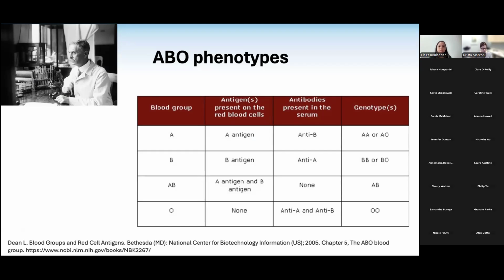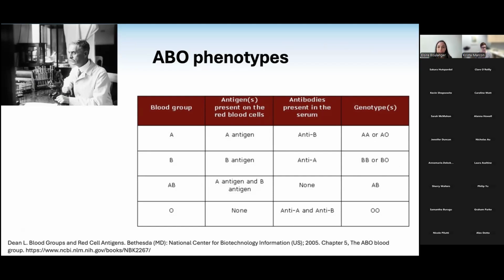It's codominant, so one from the father, one from the mother. So we can have 6 types. For A, the genotype can be either AA or AO. For B, BB or BO. AB, just one A, one B. And for the O, nothing. So there's no A or B antigen.